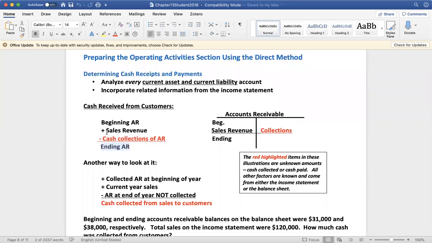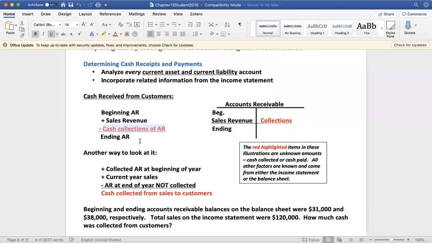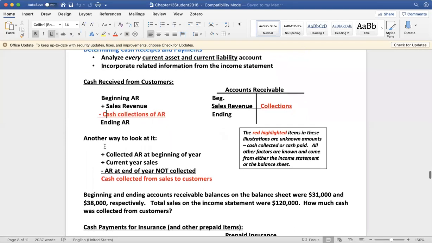And then if we want to know our cash collection from our customers, we simply use beginning accounts receivable plus sales revenue minus ending accounts receivable. Then we are going to get our cash collections of AR. And this is another way to look at it, okay? AR at the beginning of the year plus current year sales minus AR at the end of the year.